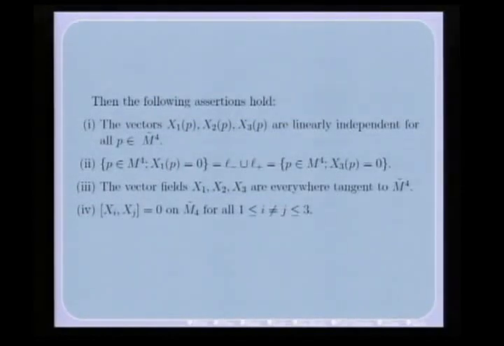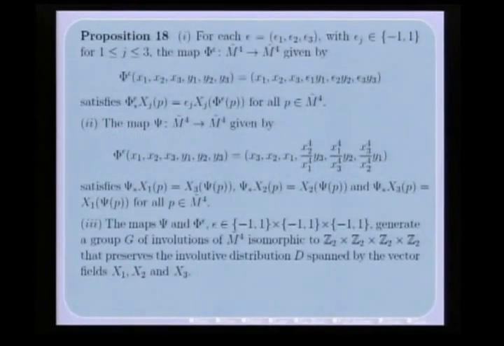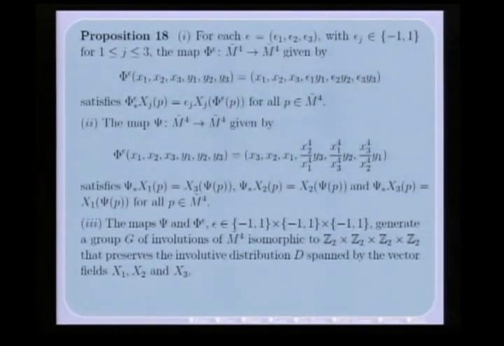And you can show that the Lie brackets of those vector fields are everywhere 0. Well, this is an auxiliary result, just for this statement, which I will give after that. On that manifold, you have those involutions given by these expressions, which preserve the distribution generated by the vector fields X1, X2, and X3.